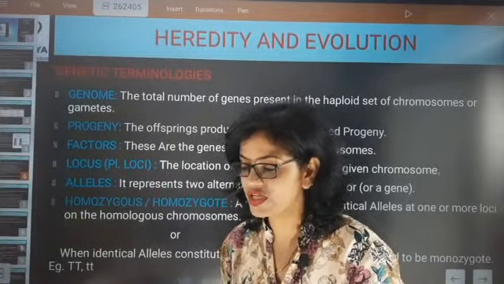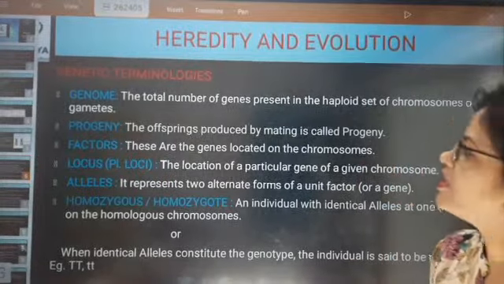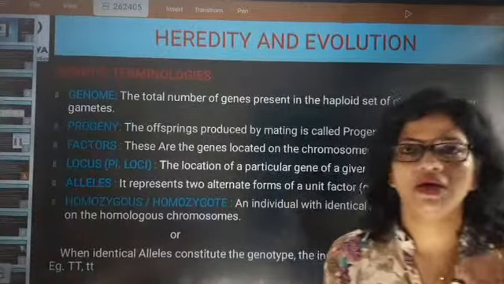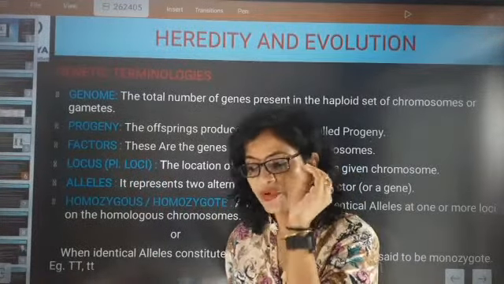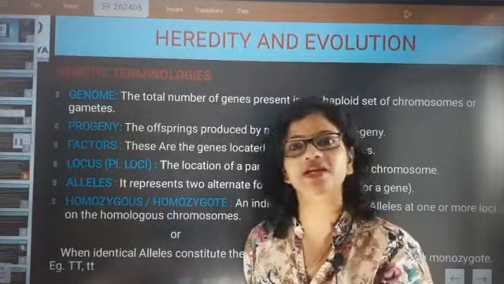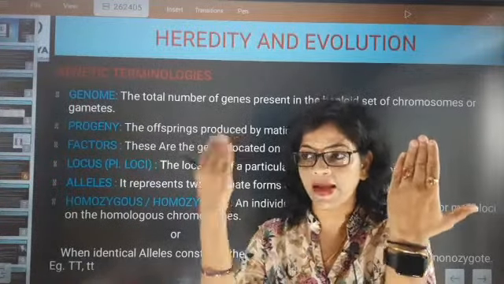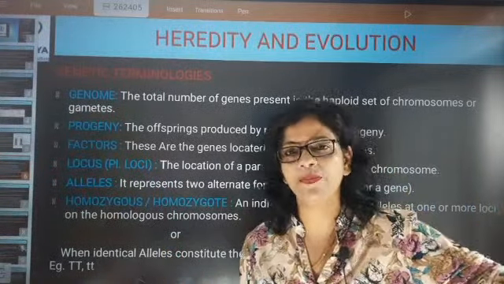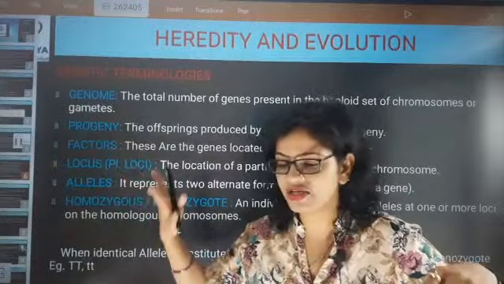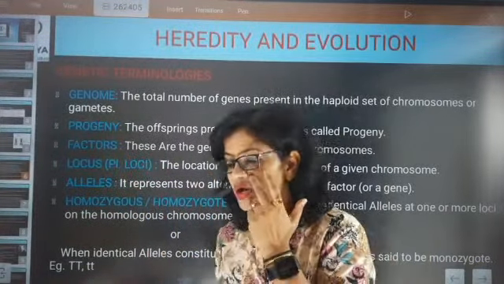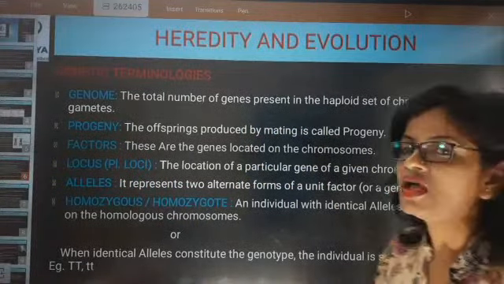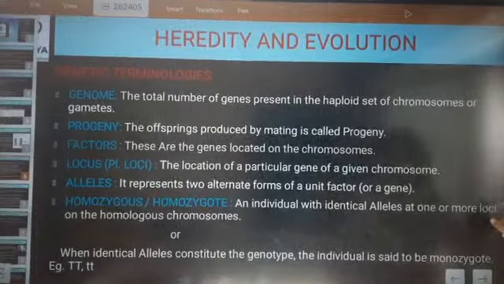Genome, also, we saw last class, and one very important thing about genome: the total number of genes present in the haploid set of chromosomes or gametes. The total number of chromosomes present in the haploid set will get converted into diploid. Understood? So this is the total number of genes present in the haploid set of chromosomes.